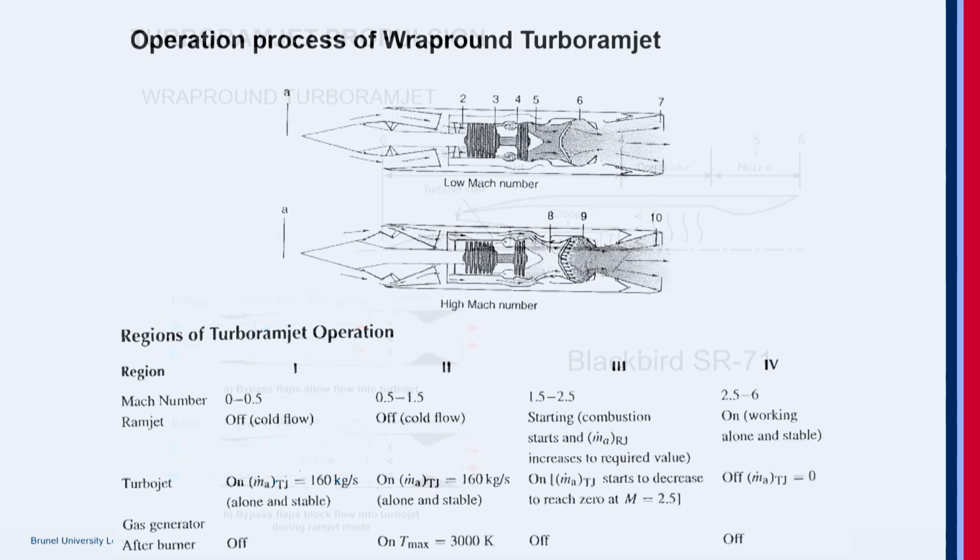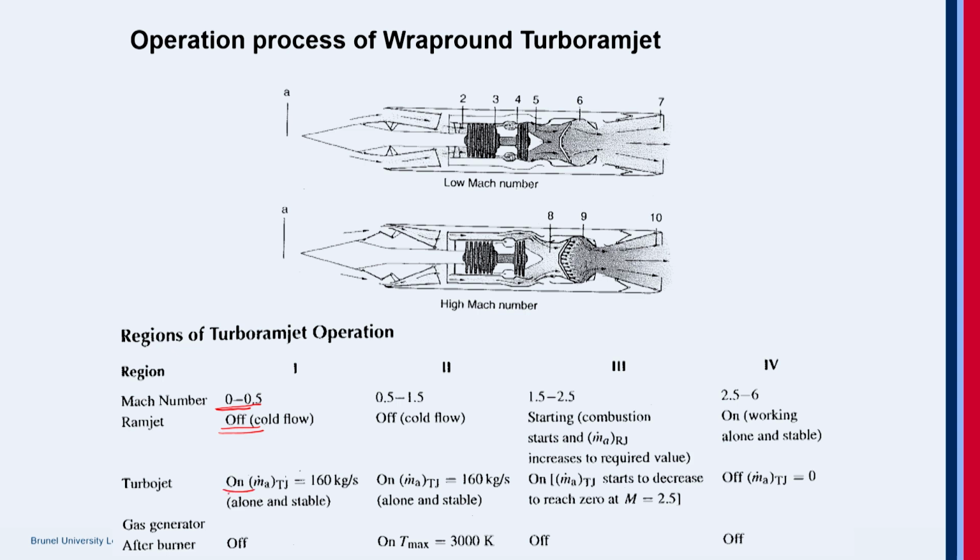So SR71, just to give you a bit more information on the speed ranges here. There are 4 different regimes of operation. Region 1 from Mach number 0 to 0.5. The ramjet is totally off because of the flap position here.